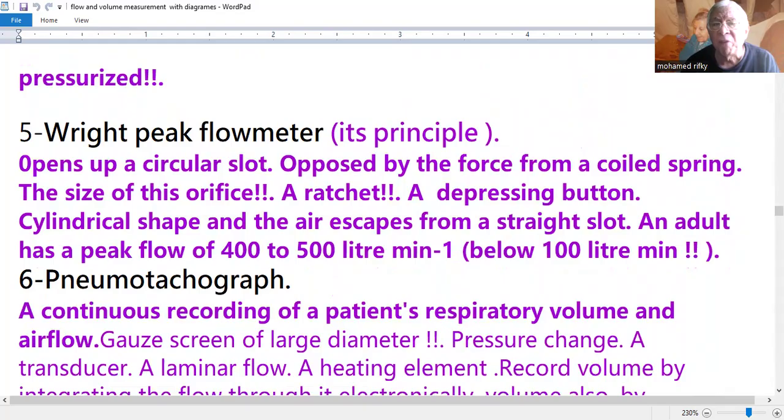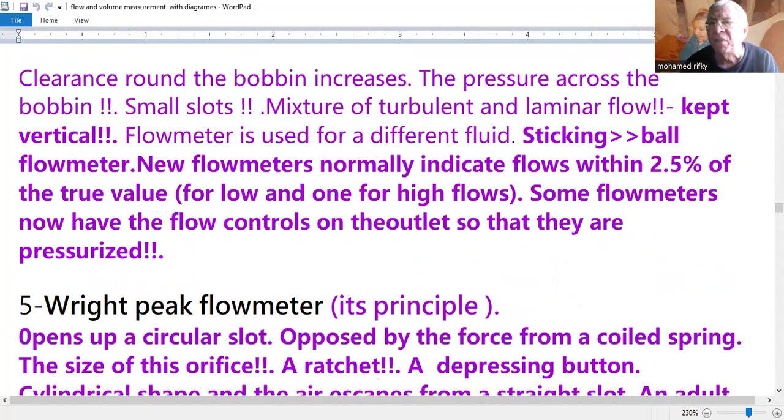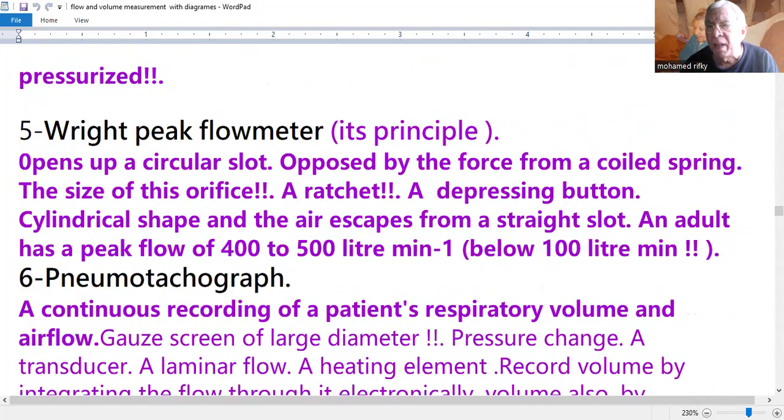The Wright peak flow meter, I'll show you later on. It also has a vane, and this vane rotates. This vane is being supported by a special spring to keep the pressure, and as long as the vane is moving, circling, the annular space, or the space, will increase.